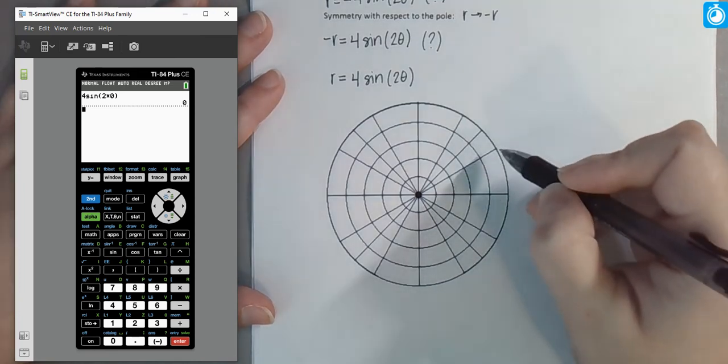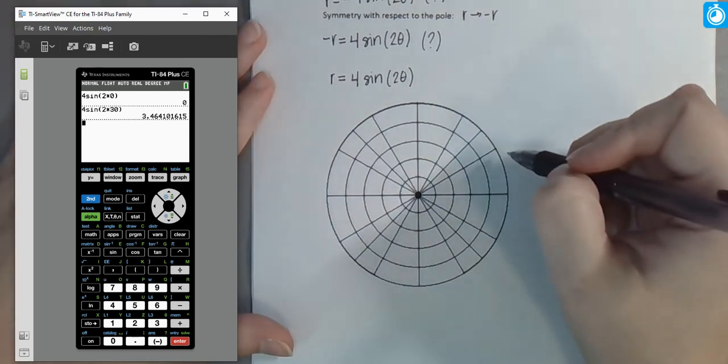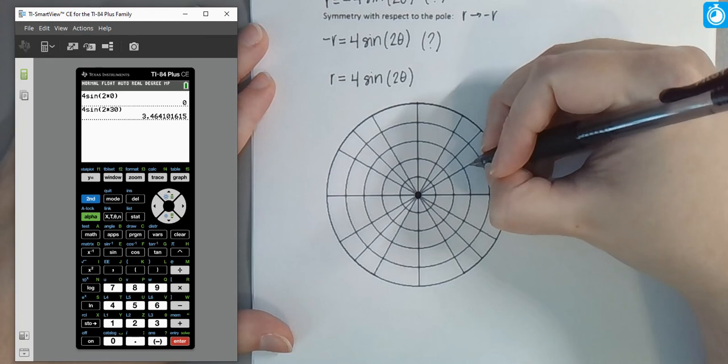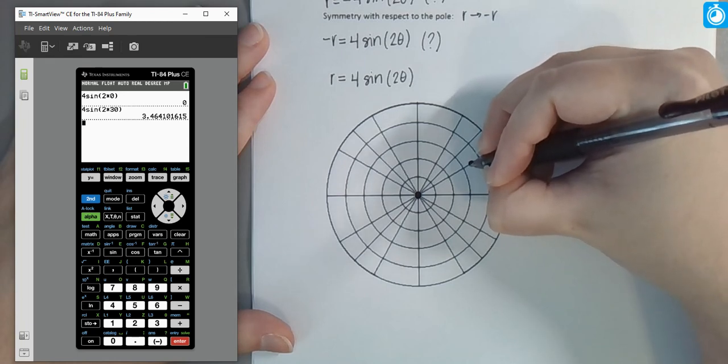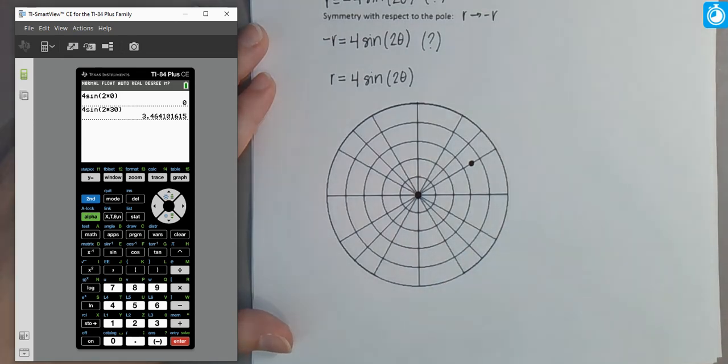Okay, what happens if we increase to 30 degrees or pi over 6 radians? r is going to be 4 times the sine of 2 times 30, which is going to be about 3.5. So at 30, we're at 1, 2, 3, about 3.5. Now once we get to 45, 4 times the sine of 2 times 45 is going to be 4.